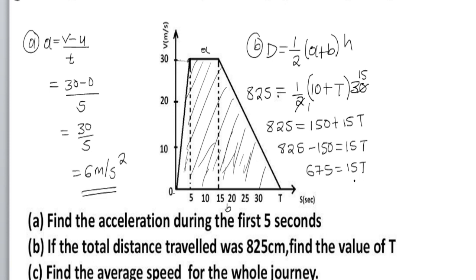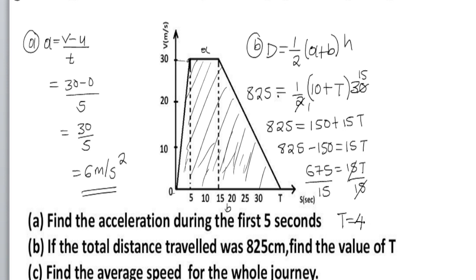So 675 is equal to 15t. Then I'm going to divide by 15 both sides. The value of t will be equal to, how many times does 15 go into 675? 15 goes into 675 45 times.